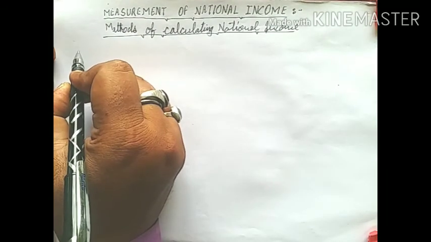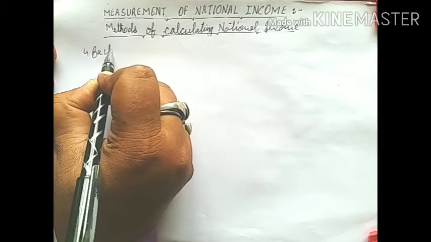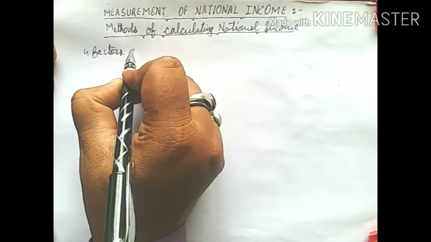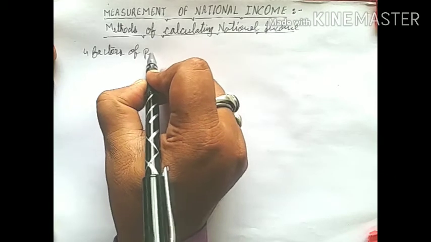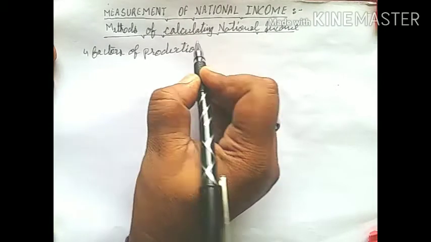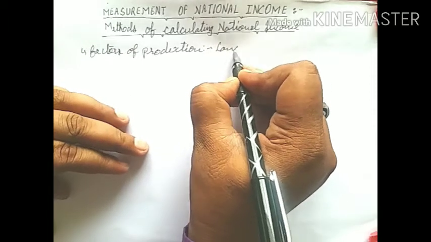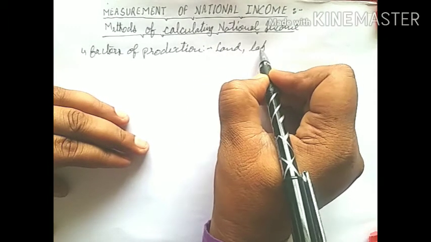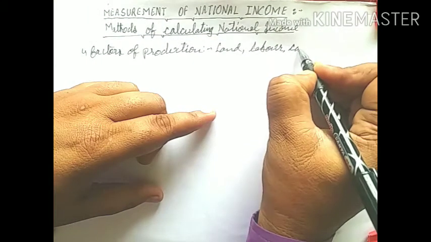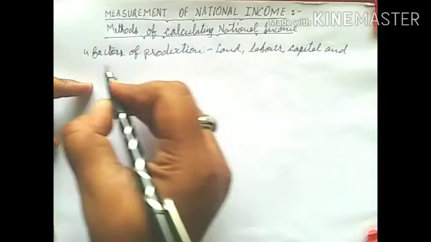These four factors of production are land, labor, capital and the fourth one is entrepreneur.